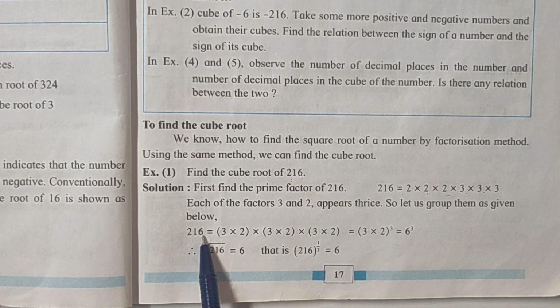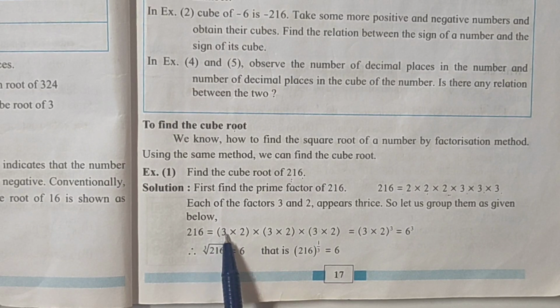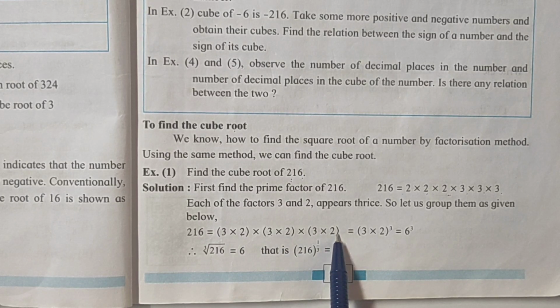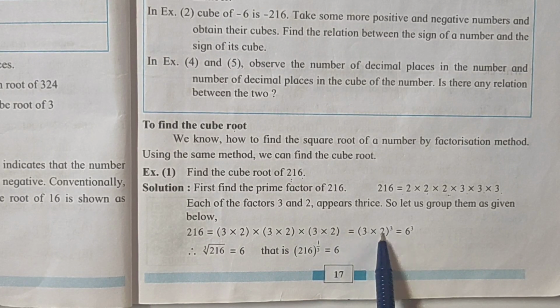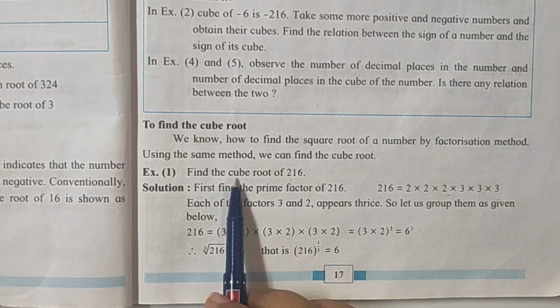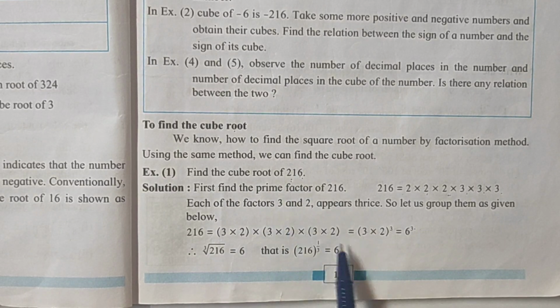So 216 is equal to 3 into 2 into 3 into 2 into 3 into 2. So 3 into 2 raised to power 3. But 3 into 2 is 6. So 6 raised to power 3. So cube root of 216 is 6.